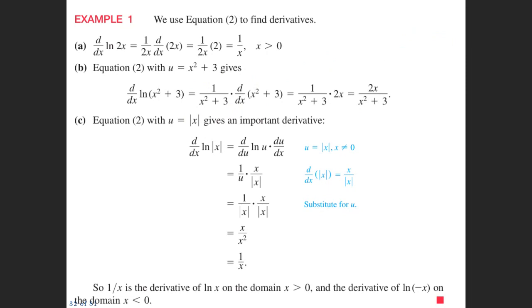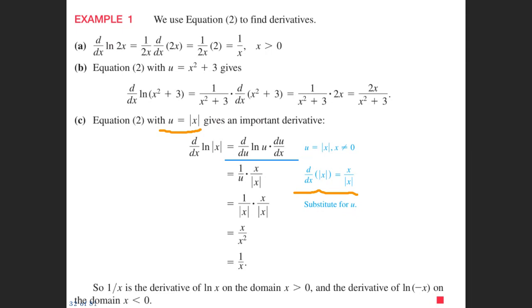We could also do that with u equal to the absolute value of x. What we have is d/du of ln u times du/dx. That's the chain rule. But what is the derivative of the absolute value of x? The derivative of the absolute value of x is x divided by the absolute value of x.